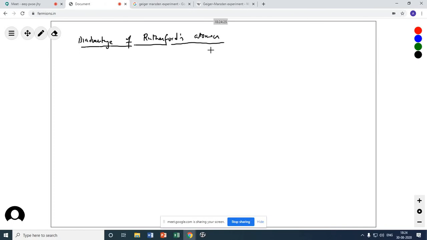So an electron revolves around the nucleus. Around the nucleus. No, don't write cycloid, just write around the nucleus.